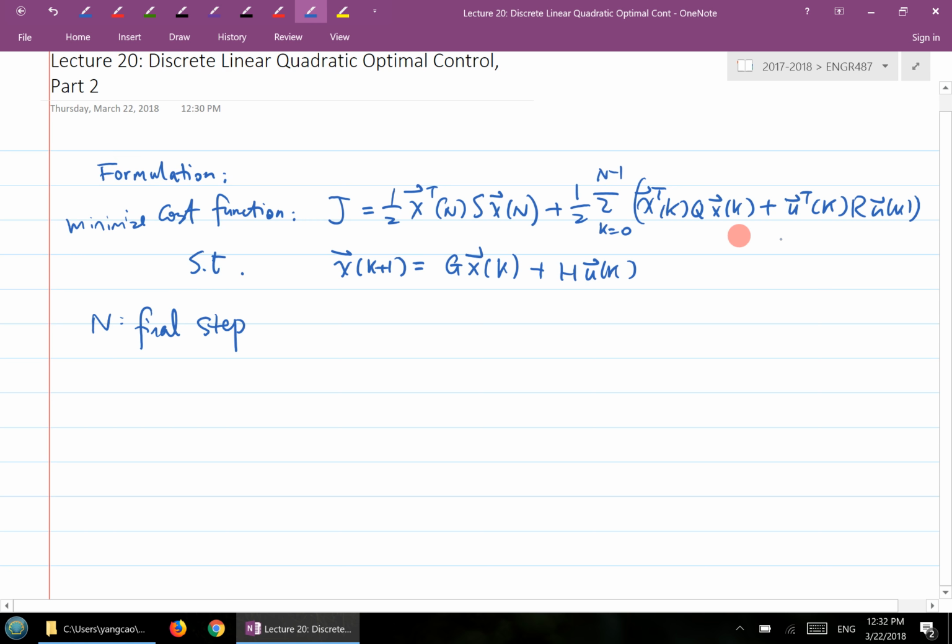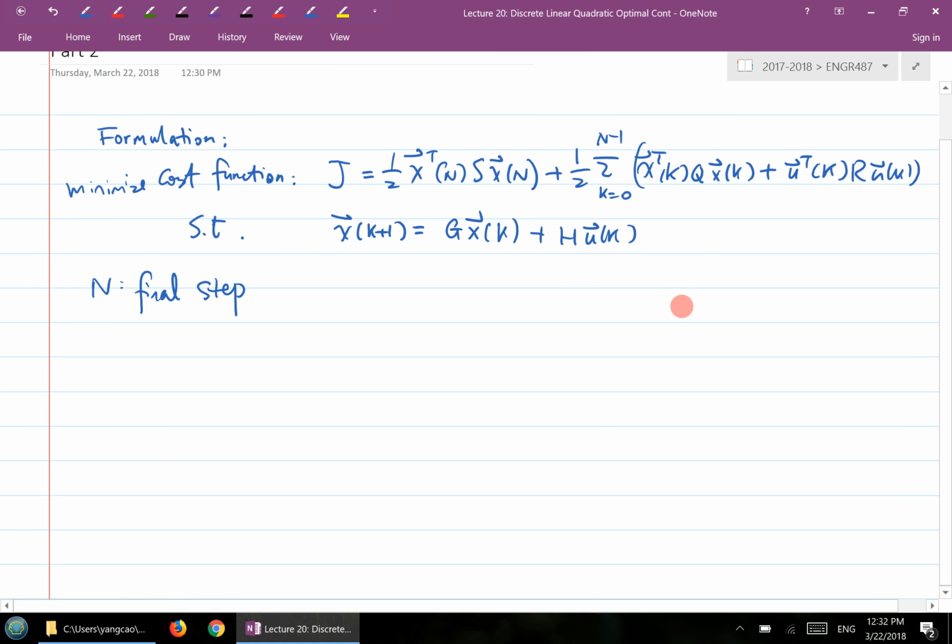Everything is in a quadratic format. Essentially, it's like an energy type of function, so you're trying to minimize this energy type of function here. And this is subject to the constraint, which is the original system state equation. What we do is we use a Lagrange multiplier and introduce a Lagrangian function.